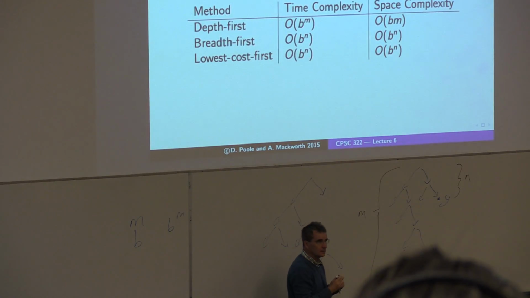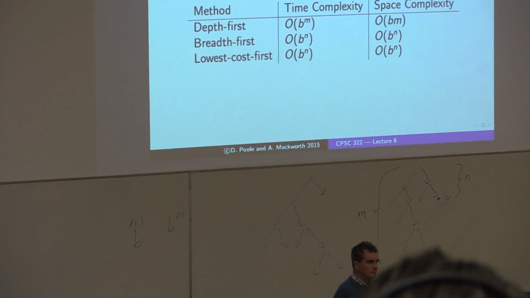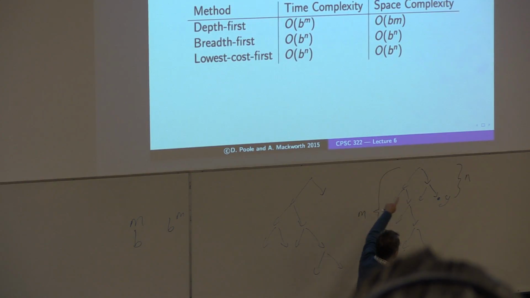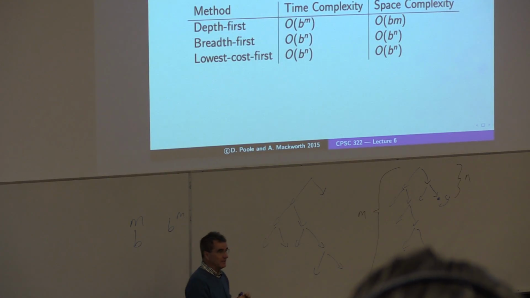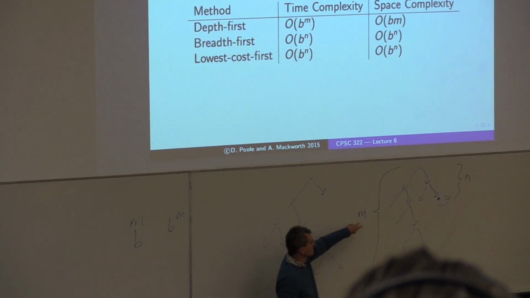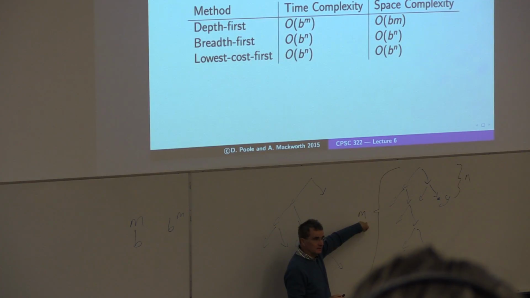So the number of paths does not have anything to do with time and space complexity? Here we're just doing the path length. Well, the number of paths is exponential, so b to the n represents the number of paths. So the number of paths is of order b to the m.